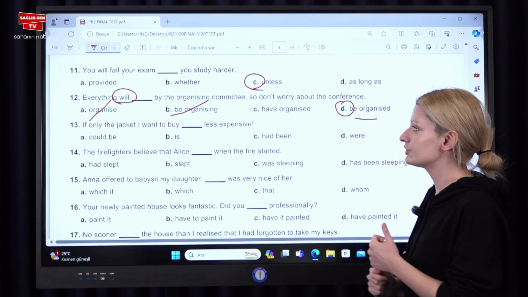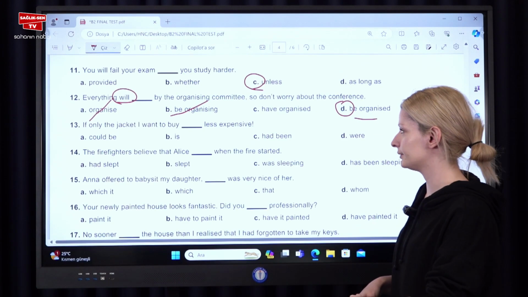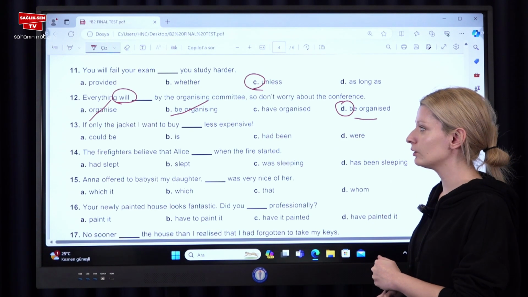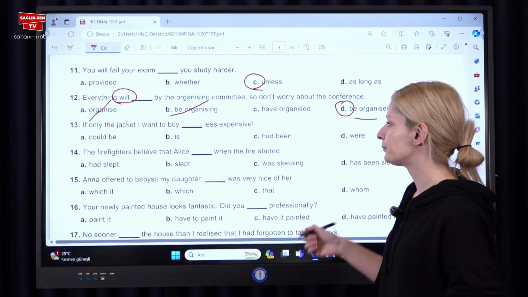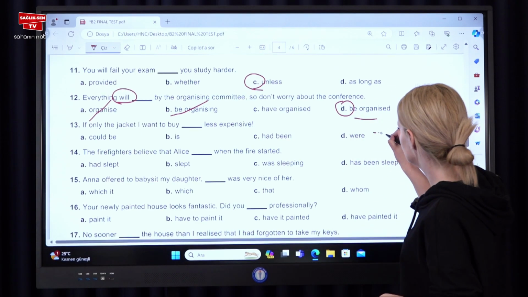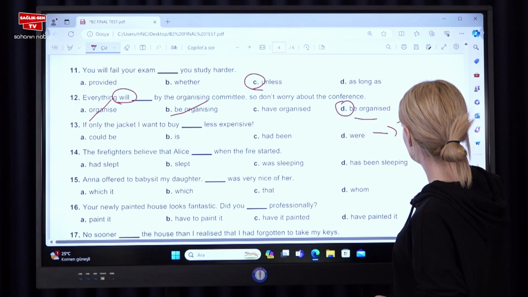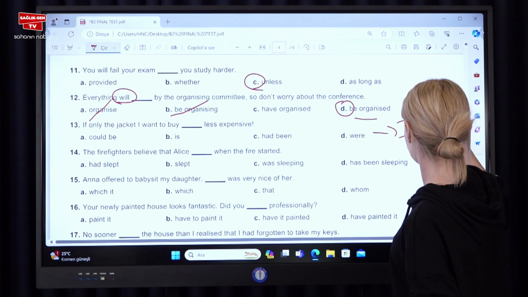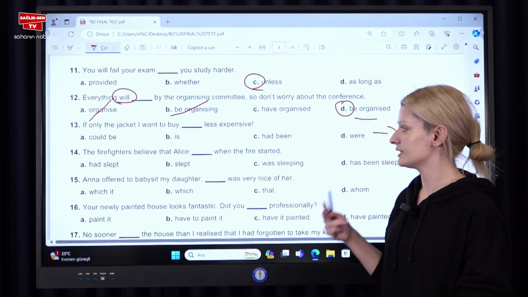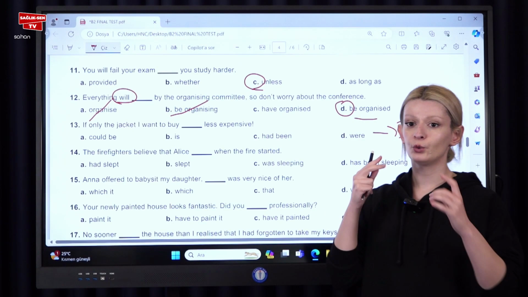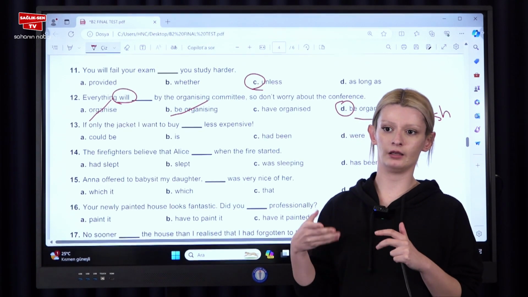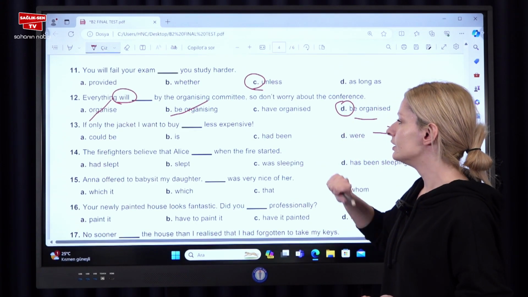If only the jacket I want to buy, blah blah, less expensive. In here, we're talking about wishes. For example, I could also rewrite this sentence using I wish. And the thing with wishes is that we use one tense past than the actual time we're talking about.